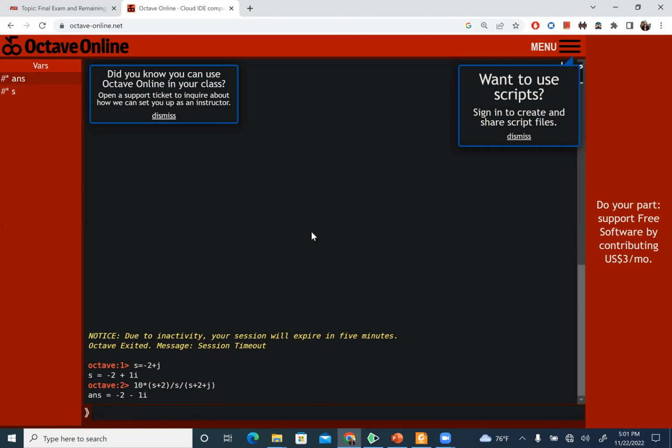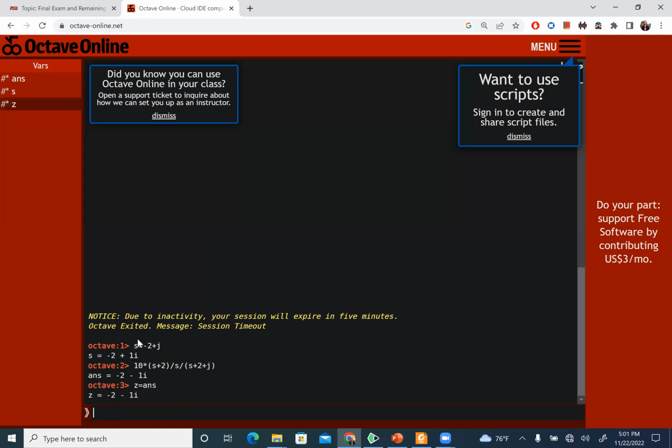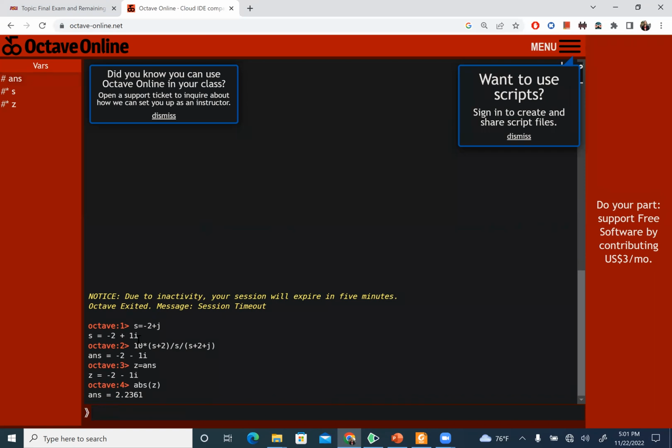So that's going to be a complex number. So if you look at its magnitude, so let's call that number Z, the absolute value of Z is 2.23.